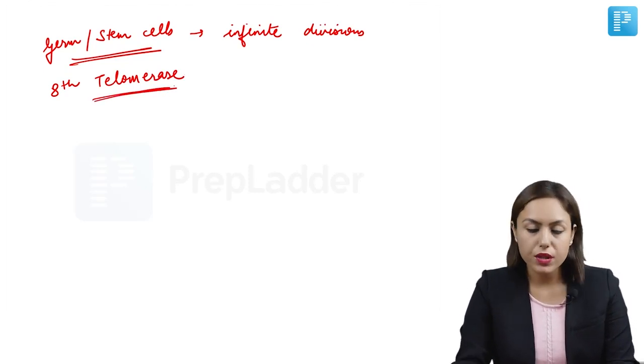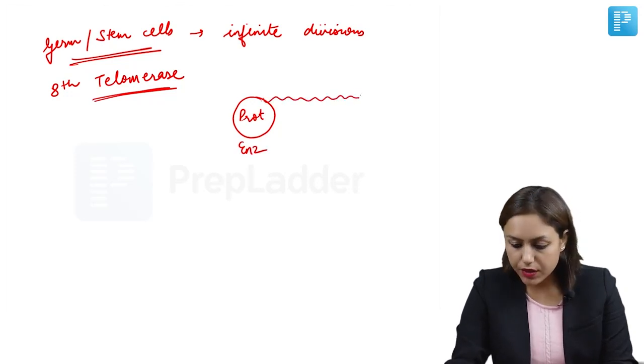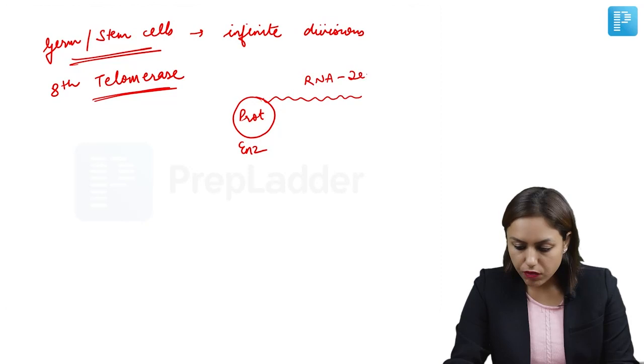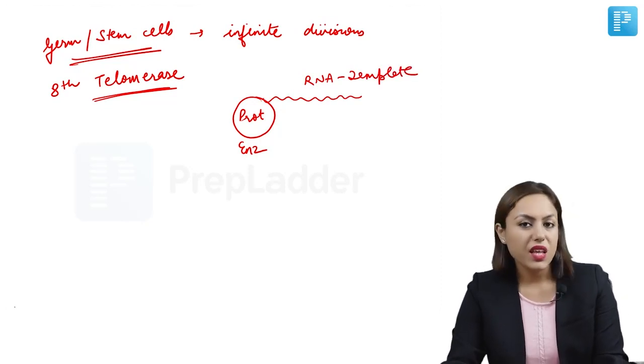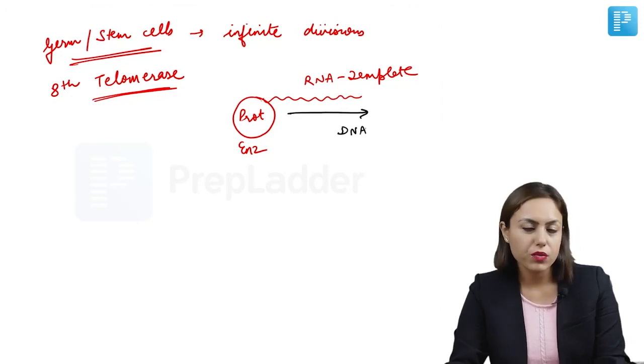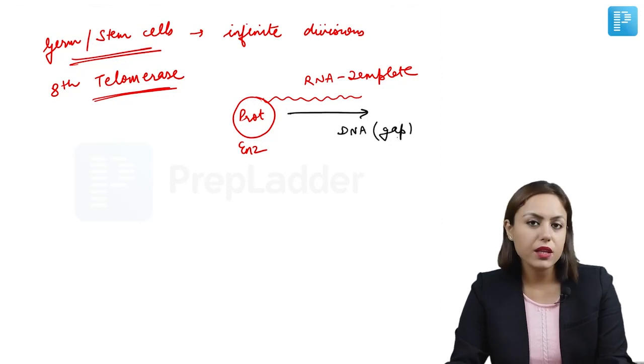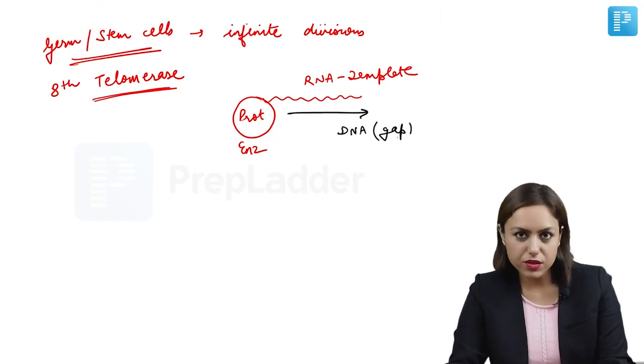This enzyme telomerase has a protein portion which acts as enzyme, and it has an RNA portion which acts as template. Taking this RNA as template, DNA is synthesized on it. Okay, DNA is synthesized. The gap which we need to fill, that gap's DNA is synthesized like this.